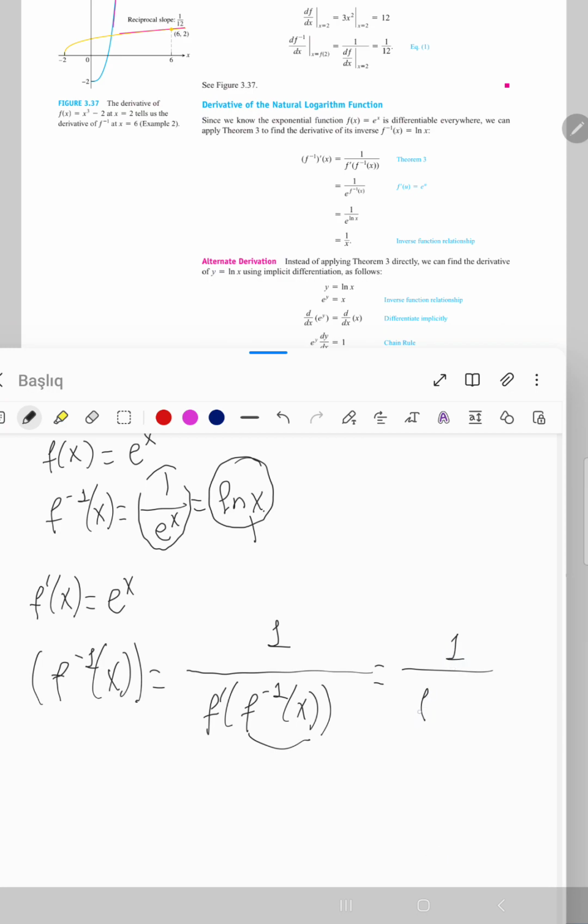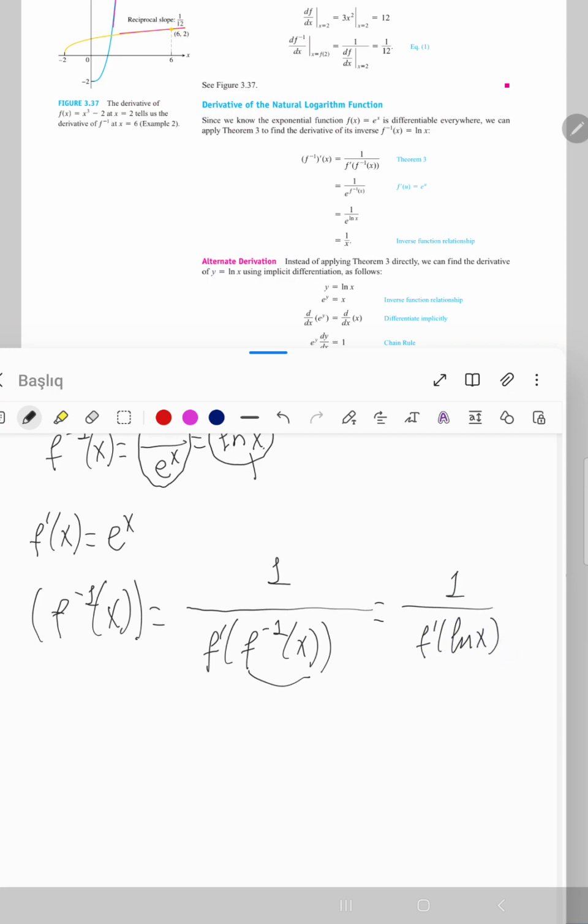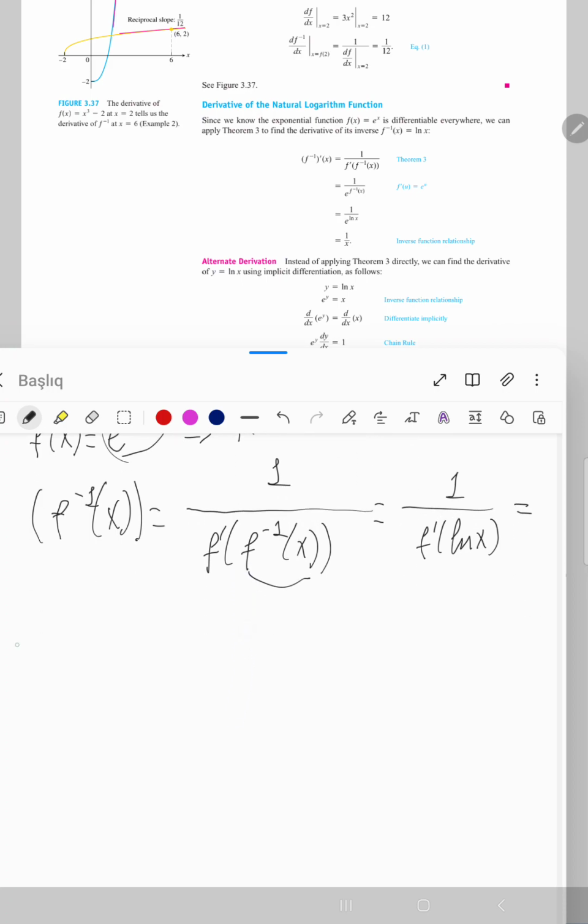The derivative of f(x) is e to the x, so you will just put ln x instead of x: 1 over e to the power of ln x.